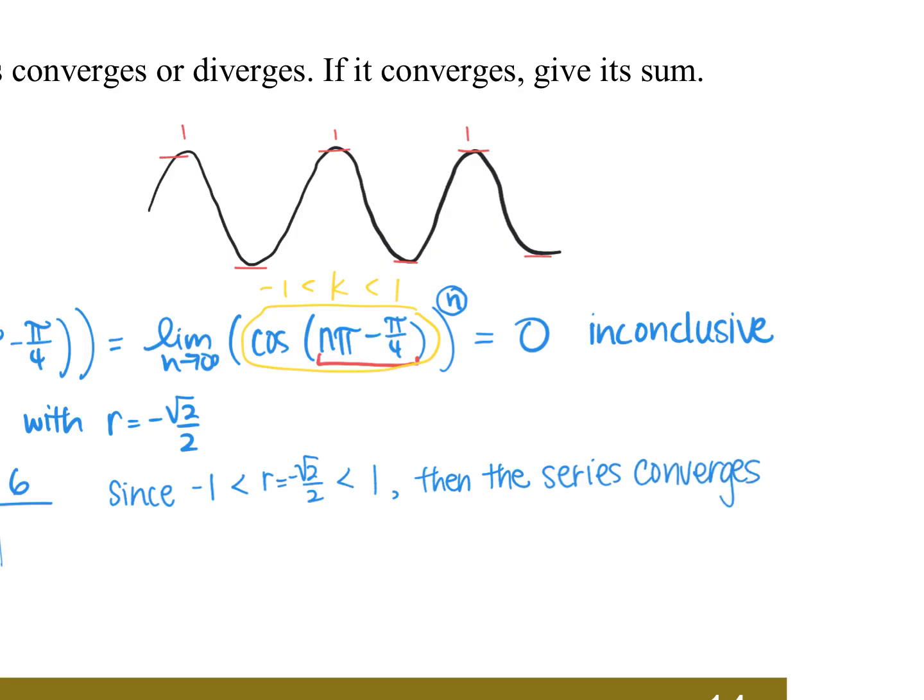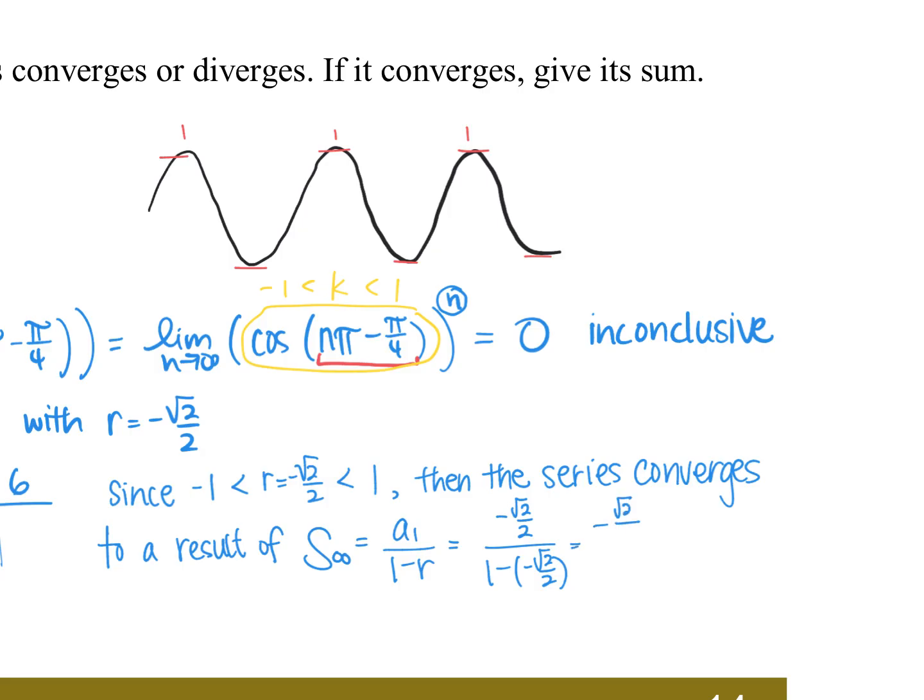And not only do we know that it converges, the sum of infinite terms will be a sub 1 over 1 minus r. So a sub 1 is negative rad 2 over 2. 1 minus r is also negative rad 2 over 2.